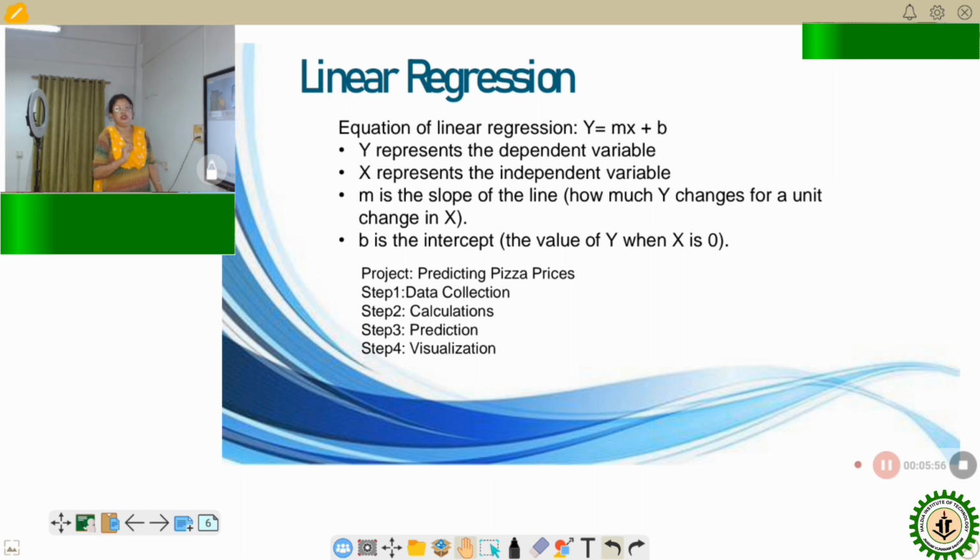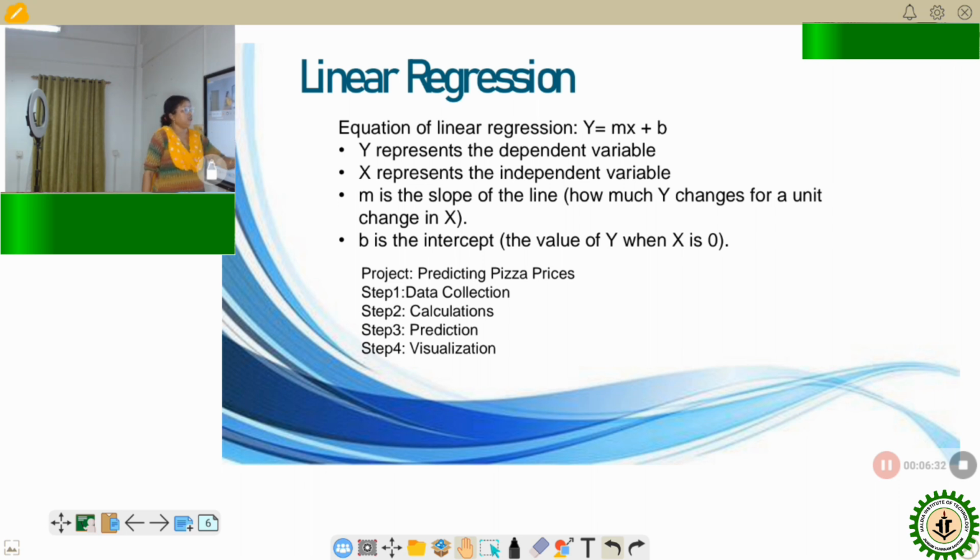In case of linear regression, we represent it as y = mx + b. Linear regression means one independent and one dependent variable. Here, y represents the dependent variable and x represents the independent variable. m is the slope of the line: if x changes by 1 unit, then y changes accordingly.